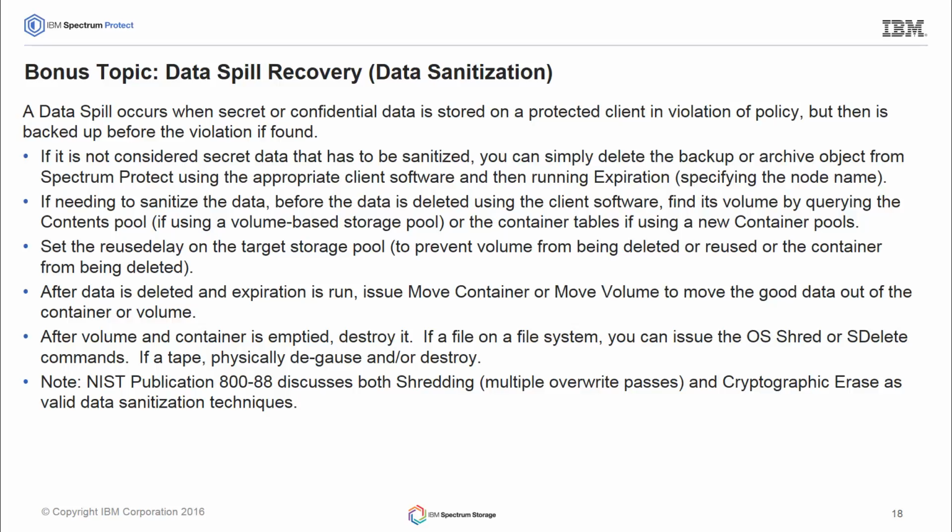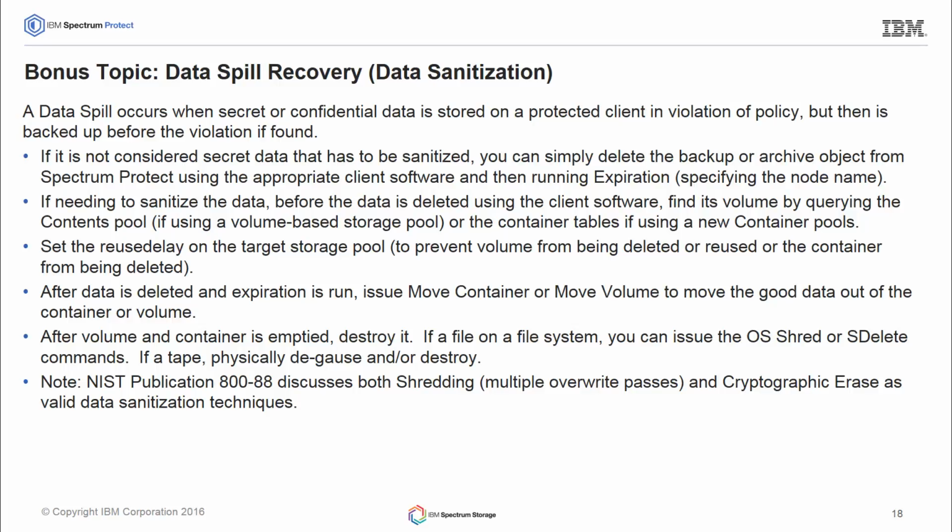Once you know that list of what you have to clean up, set the reuse delay on the storage pool to prevent those volumes from being deleted until you're ready. Then go out to the client and clean up the data. Issue a delete from whatever client type so that data is gone. After that happens, run expiration. You can just run it for that node.